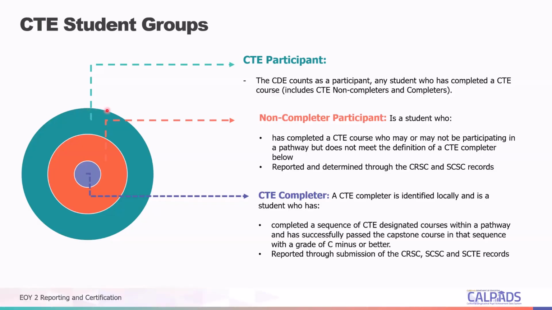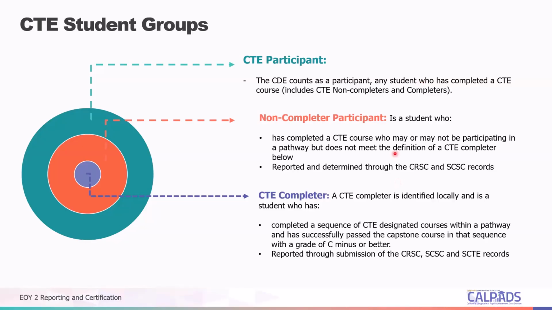A CTE participant is a student who has completed the equivalent of a conventional 50-minute class taken 5 times per week for 180 school days, or approximately 150 hours of instruction in a state-recognized CTE pathway. So the CDE counts as a participant any student who has completed a CTE course. So this includes your CTE non-completers and your CTE pathway completers.